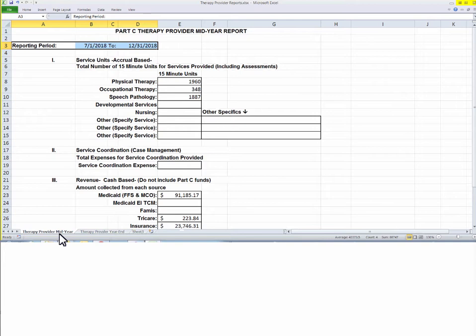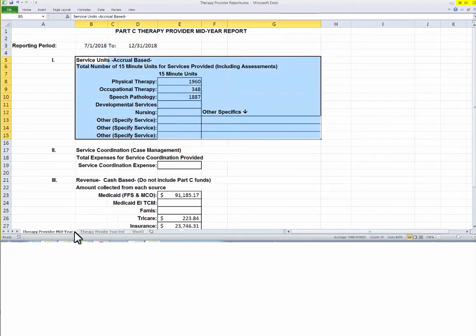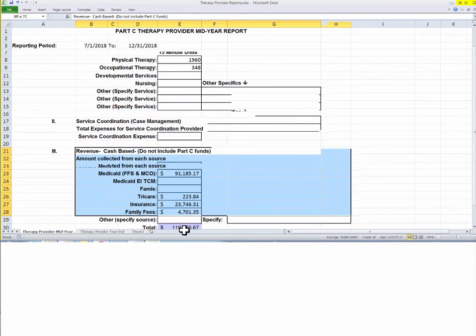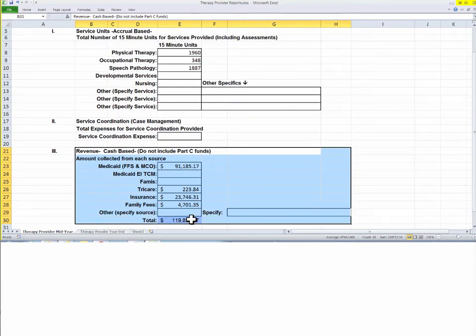Although the services provided in Section 1 and the costs in Section 2 are separated by discipline or service provider, the payments you report are aggregated just by payer source, making that part much easier to capture. It is always helpful to go ahead and gather your data by catchment area before you begin completing the reports.